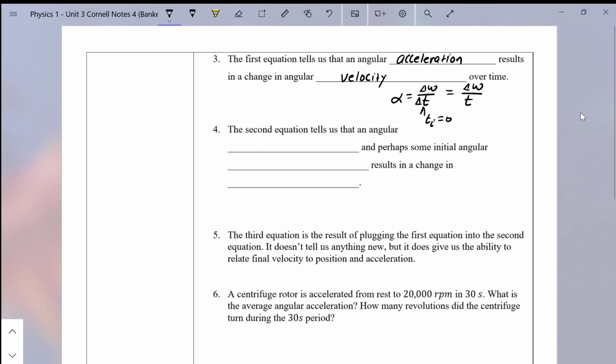The second equation is theta equal to omega naught t plus 1/2 alpha t squared.